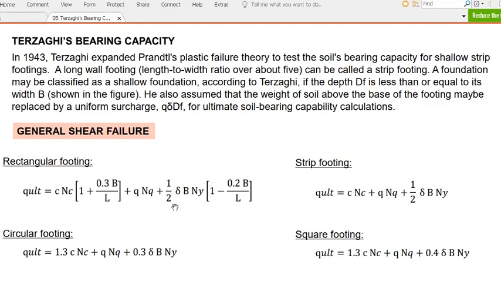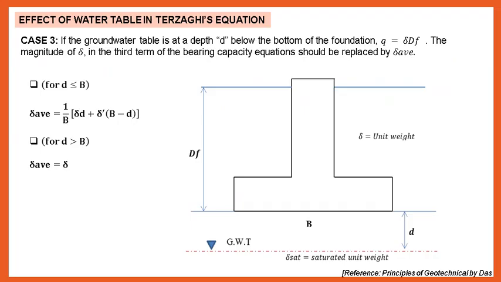The value of gamma here, the unit weight, is equal to the gamma average, our average unit weight. The average unit weight has an equivalent equation.